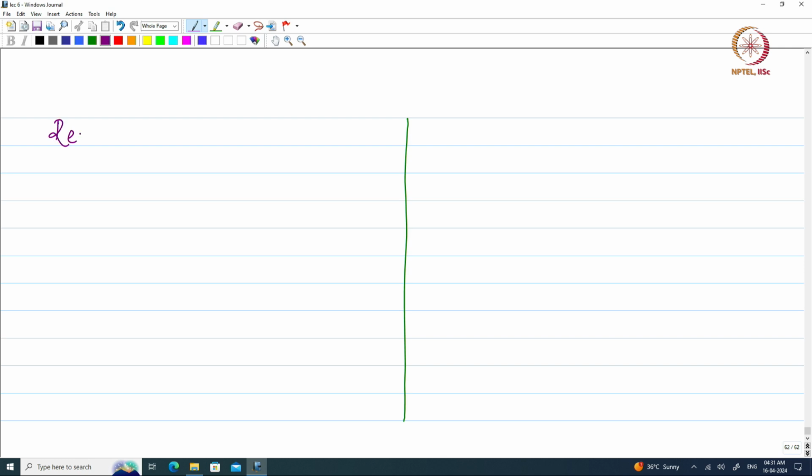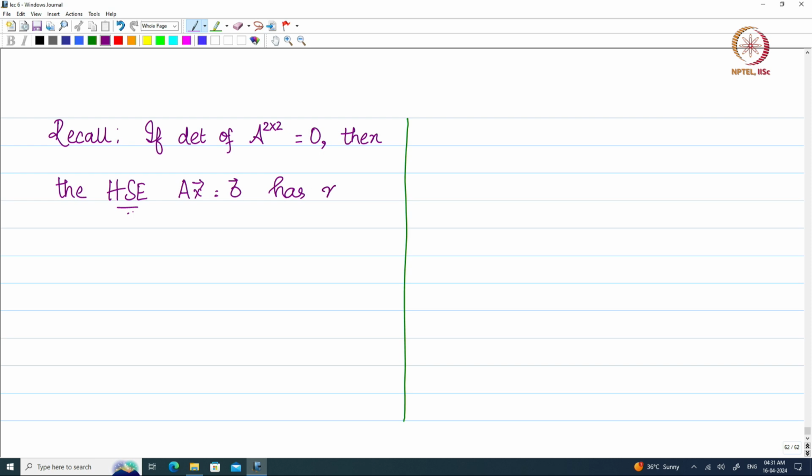Recall that if the determinant of the 2 by 2 matrix A is equal to 0, then the homogeneous system of equations, HSE, Ax is equal to 0, has non-trivial solutions.